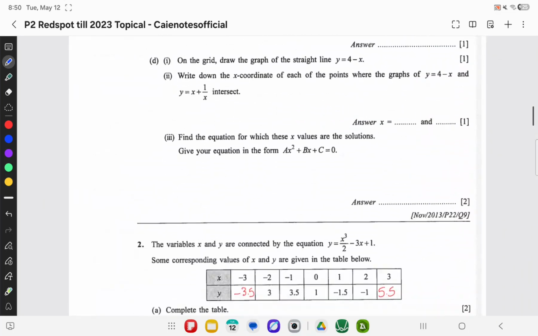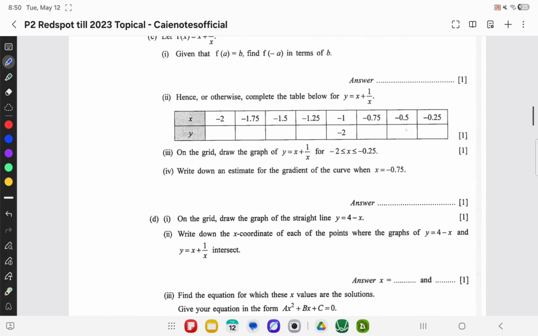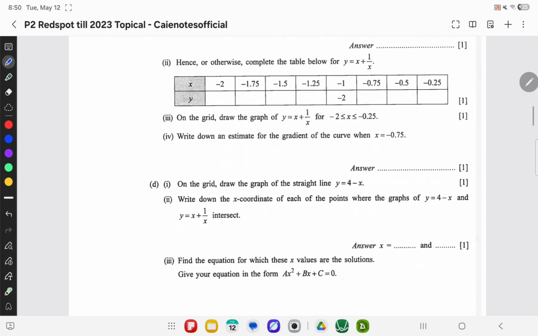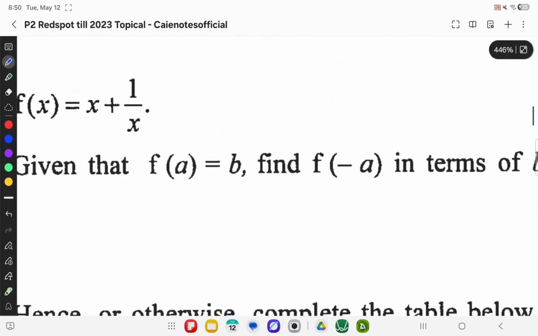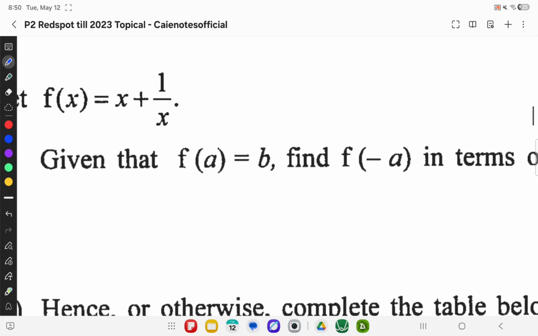Why did you plot 1 over x? Okay, I'll just do this question. It looks fun. f of a is equal to b. Find f of negative a in terms of b. So if you just plug in negative a instead, negative a minus 1 over a is equal to what?